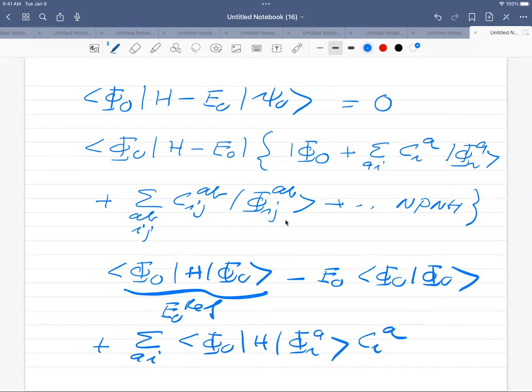And this is something which we have calculated earlier. We know the value for that one. These are the expressions which we started with in the previous lecture. And then the next one, which we are going to get, and this is the only non-zero one, is going to be phi 0 with a Hamiltonian multiplied with phi ij AB and Cij AB.